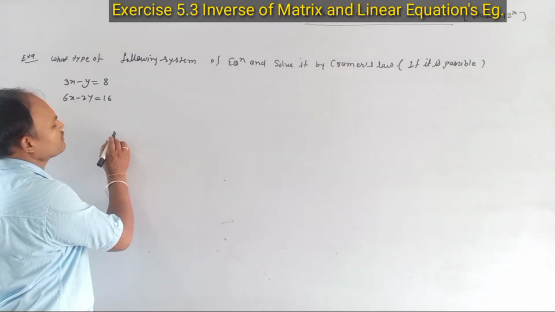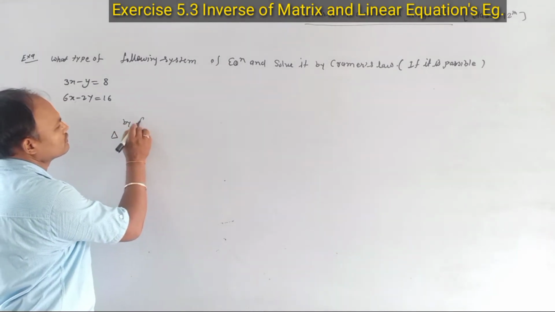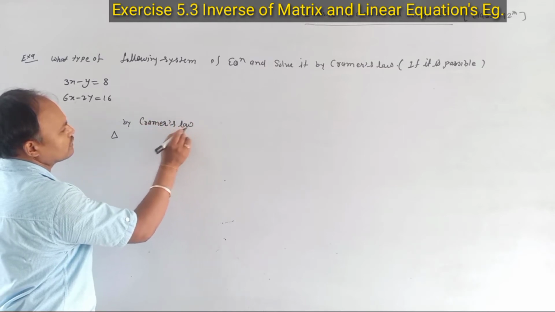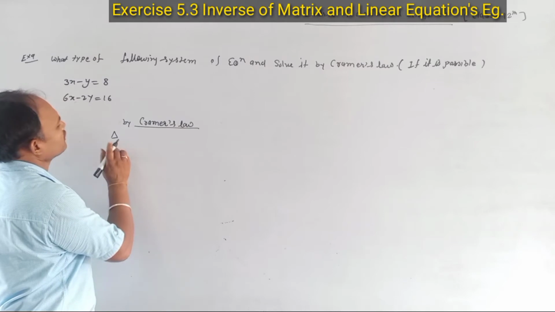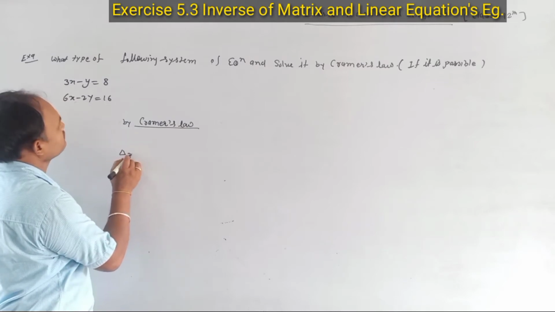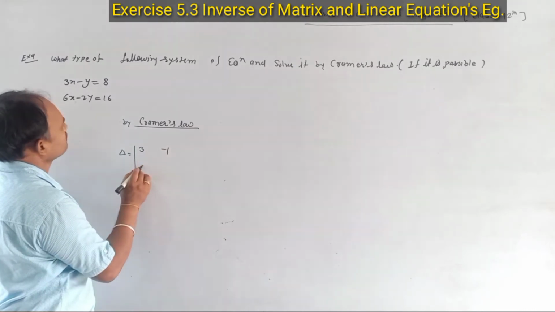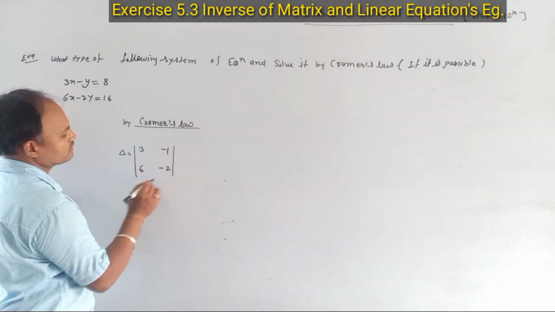Firstly, we have to find by Cramer's law or rule. So delta equals 3 minus 1, 6 minus 2.